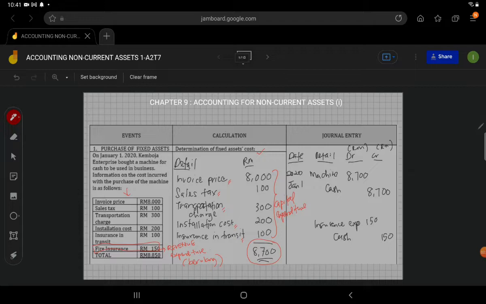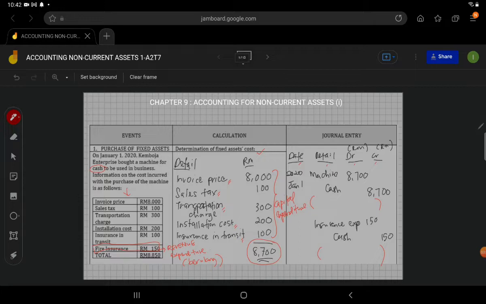Okay. And then this is the journal entry. You write the date, details, debit and credit, and for January 1st, 2020, we will debit machine and credit cash because the company bought the machine using cash. And make sure in your journal entries, you write the narration or the explanation.